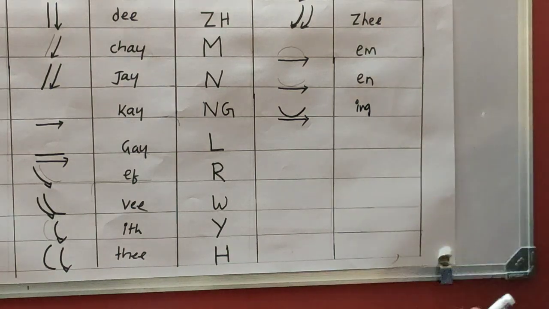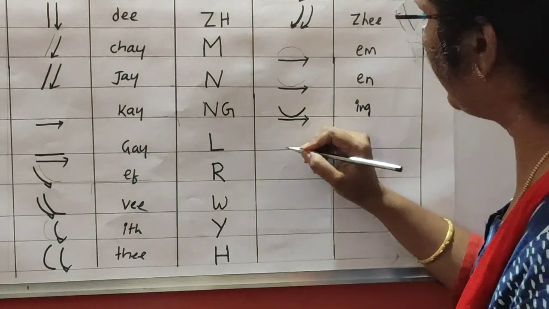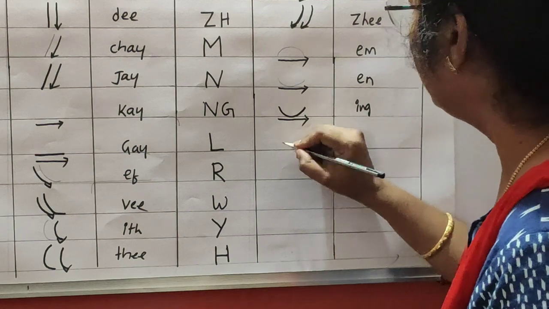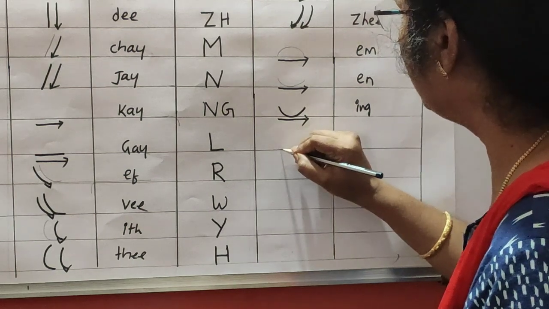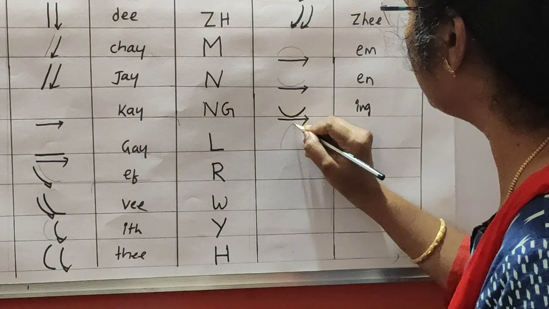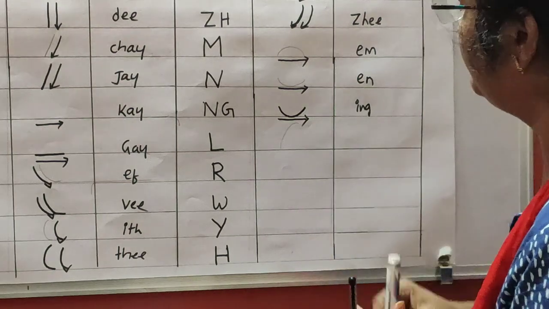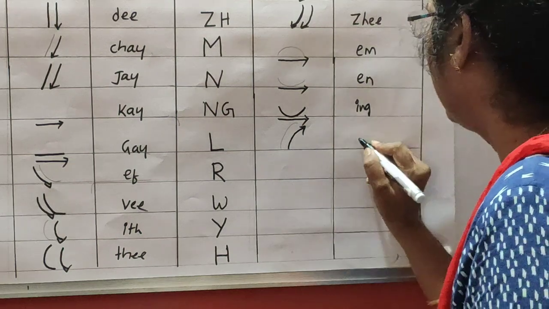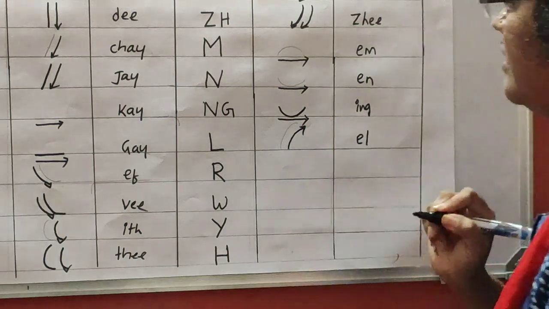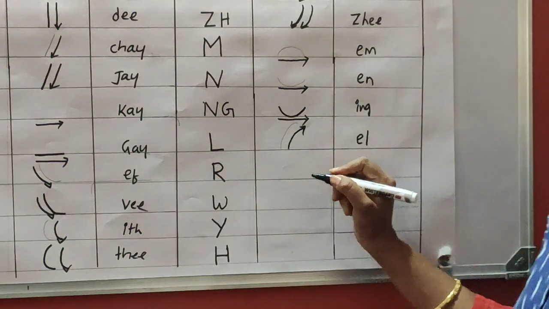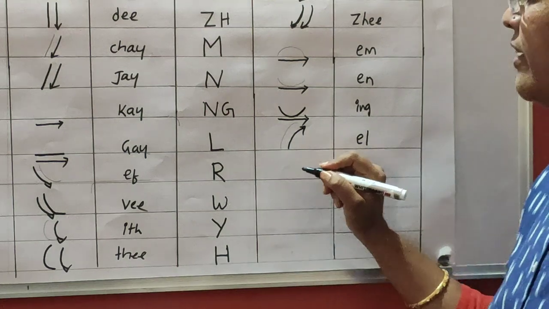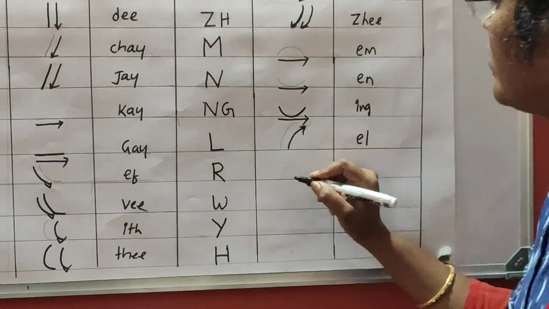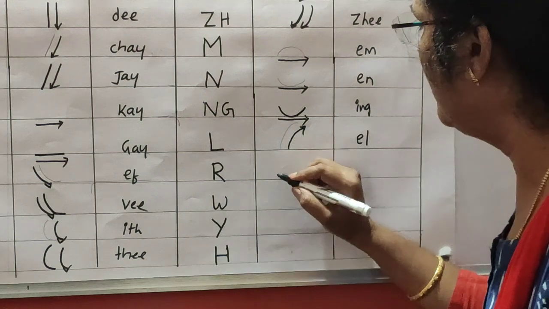The next letter is L. You have to write it from downward to upward direction like this. This is a light stroke. It sounds as L. The next letter is R. R can be written in two ways. I'll show you.